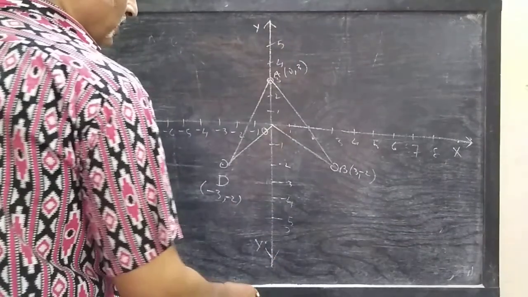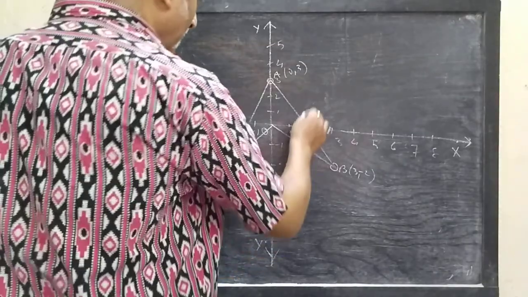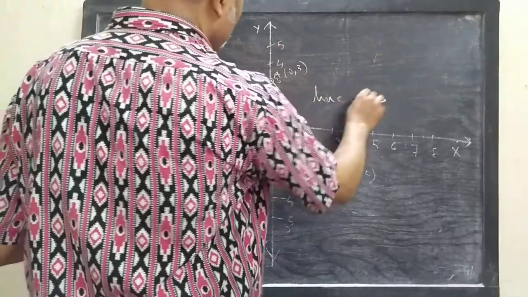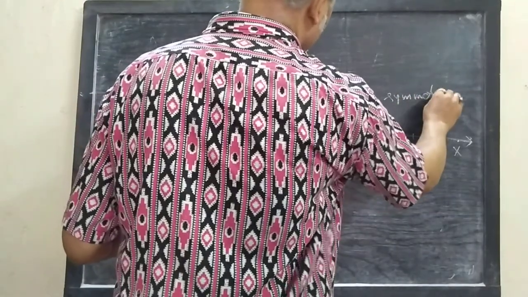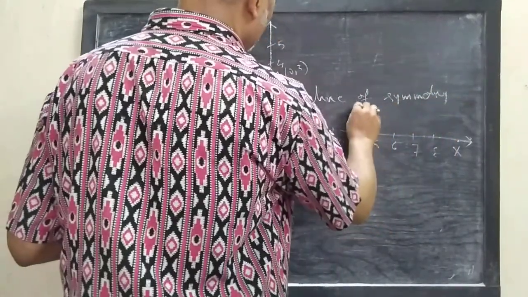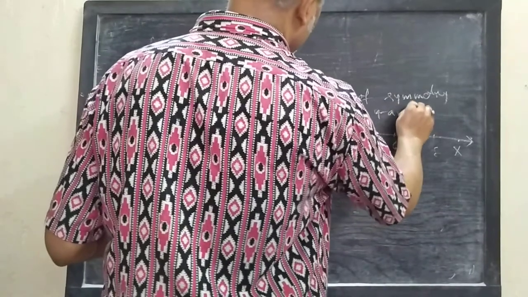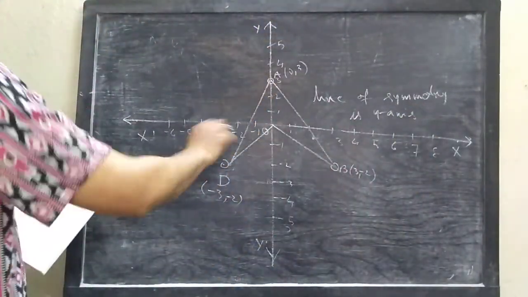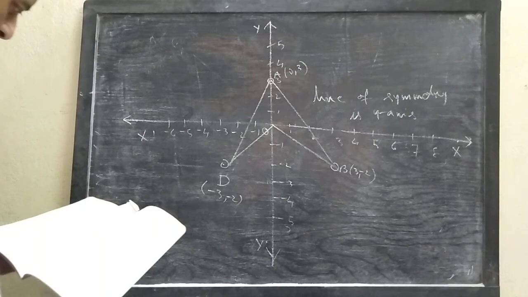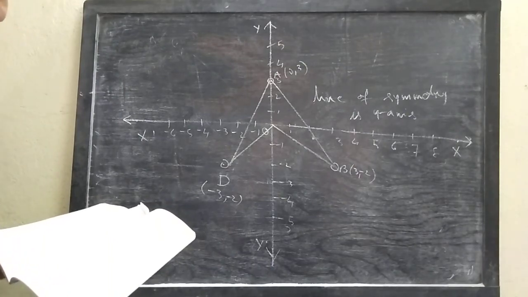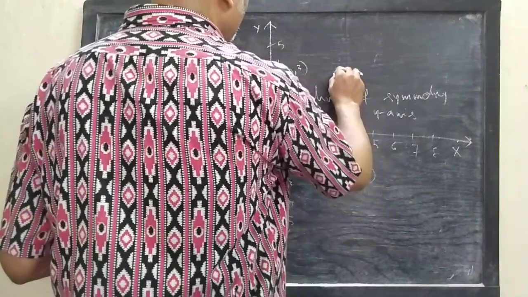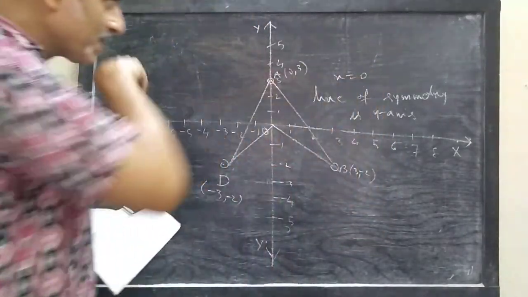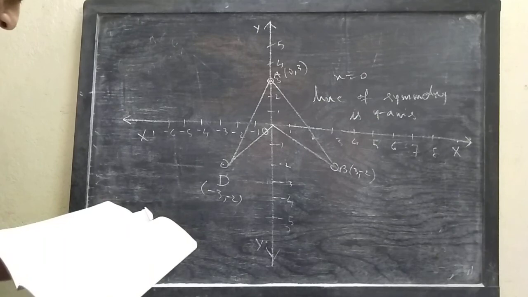Line of symmetry is the y-axis, because the figure is symmetric with respect to the y-axis. And write the equation of the line of symmetry. The y-axis, its equation is x equals 0. The equation of the line of symmetry is x equals 0.